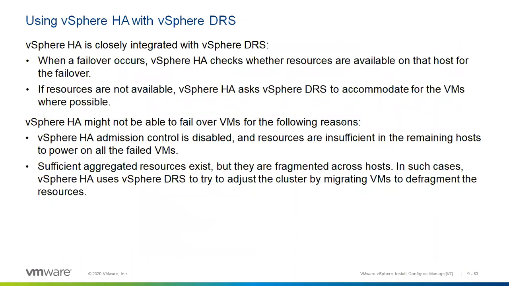All right, so HA and DRS questions come up multiple times. Any failover is taken care of by HA if a host fails. If resources are not available, HA asks vSphere DRS to accommodate the VMs wherever possible, with the best placement of the VMs. HA might not be able to fail over VMs sometimes if there is no admission control policy.